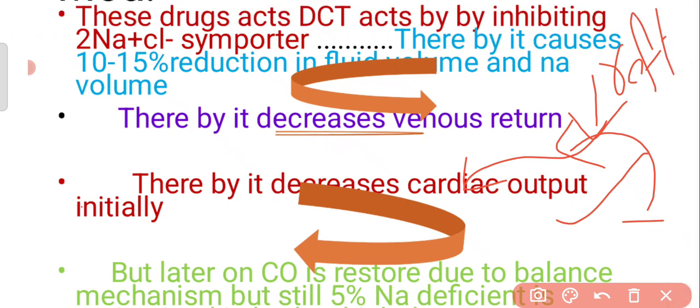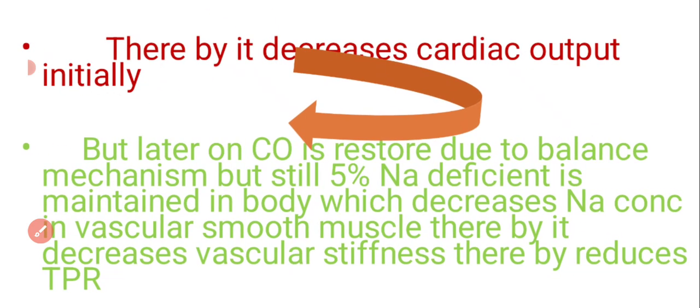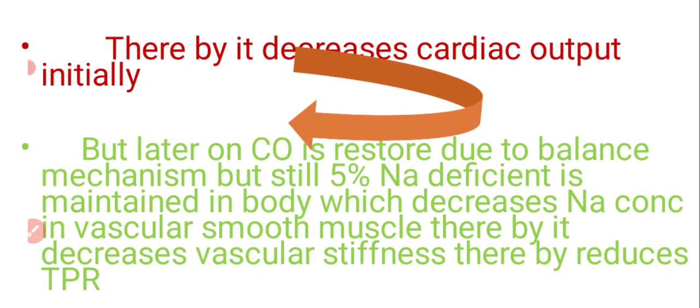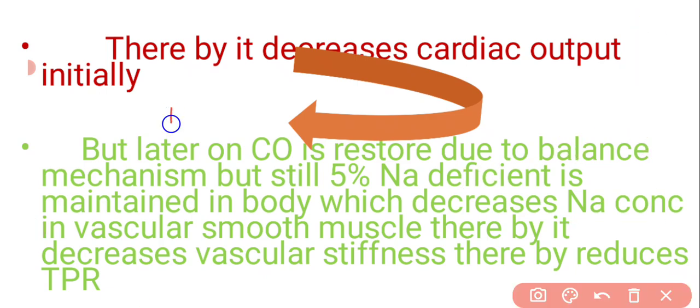But the fall in BP is maintained because of the decrease in total peripheral resistance. How do they reduce the total peripheral resistance? Upon long-term use, some extent of cardiac output is restored, but a small extent of sodium deficiency is maintained, up to 5%.